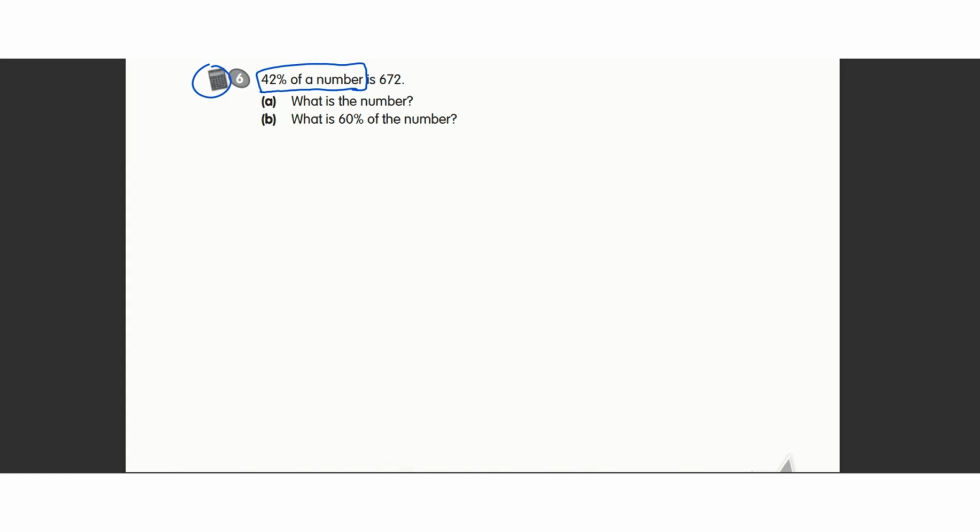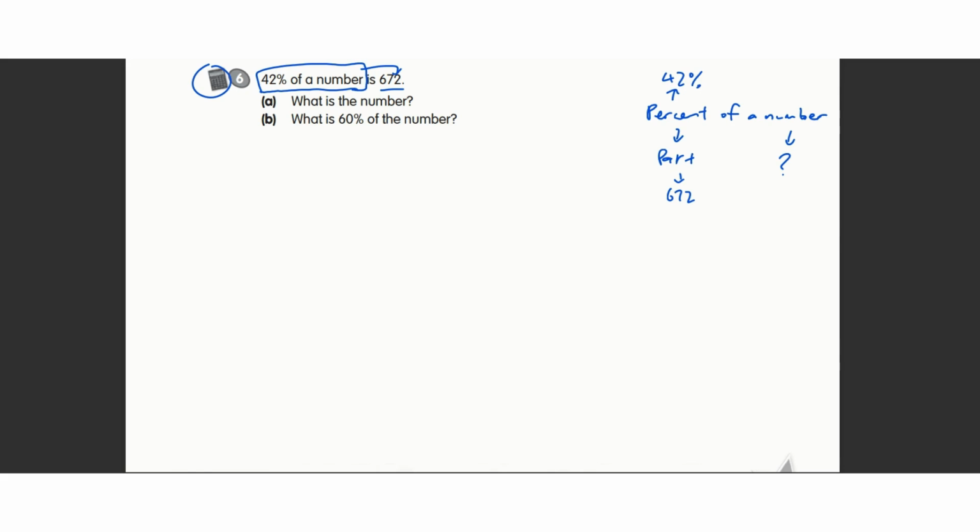Okay, so 42% of a number, percentage of a number, which means you know a part of it, but the number actually you don't know, and that's 672 for that part. Okay, so that part is 672, which is a 42%.